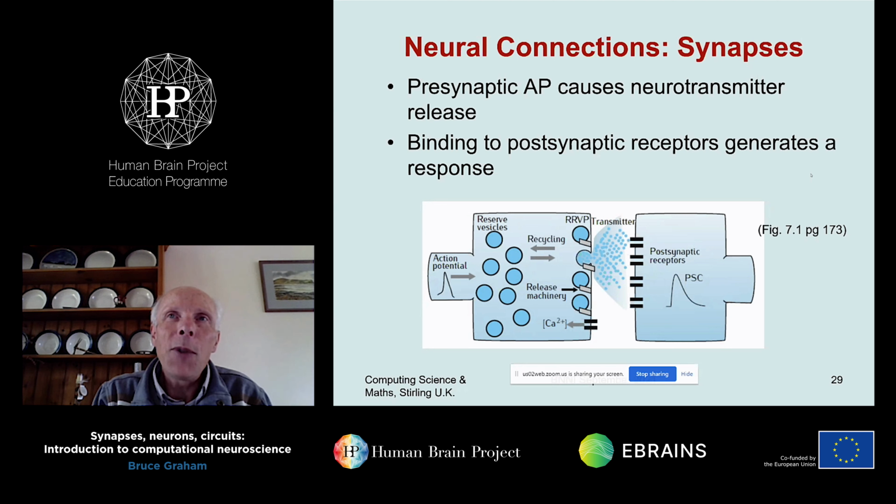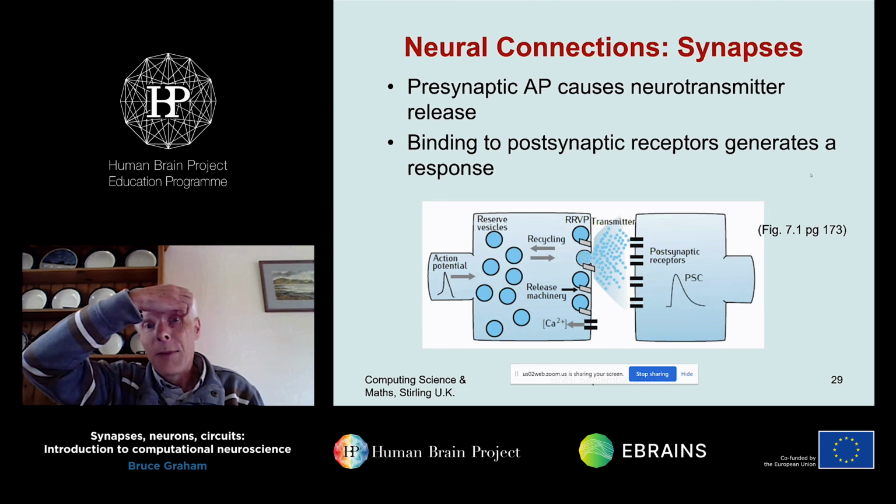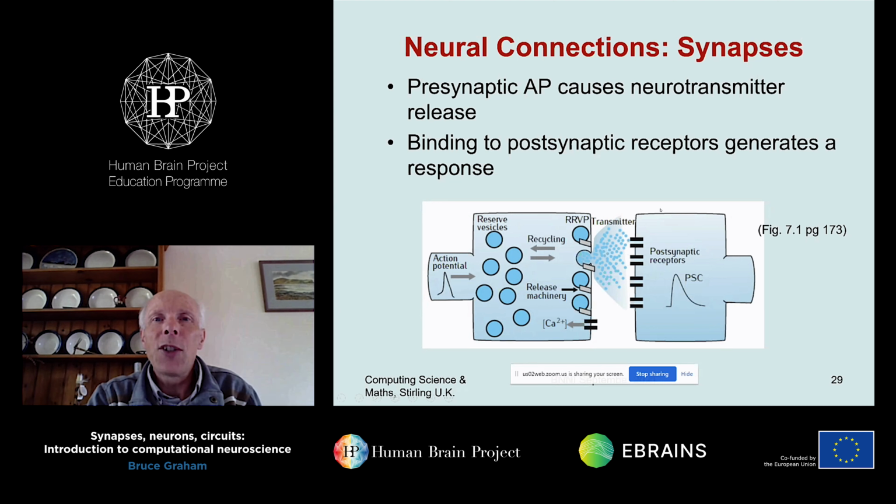So I've already been using a model of synaptic input, which is the signal which is generated on a receiving neuron, the postsynaptic response to a presynaptic action potential, or an action potential coming from an input neuron which synapses on the postsynaptic neuron.